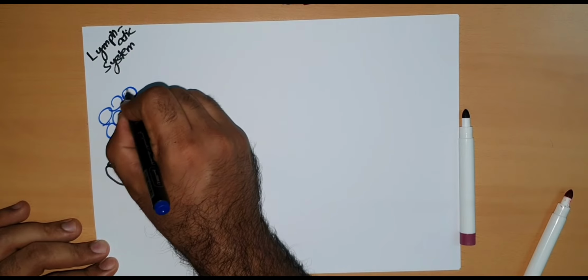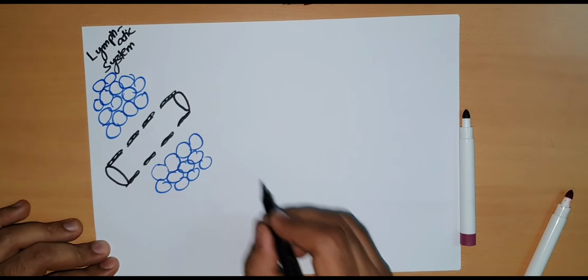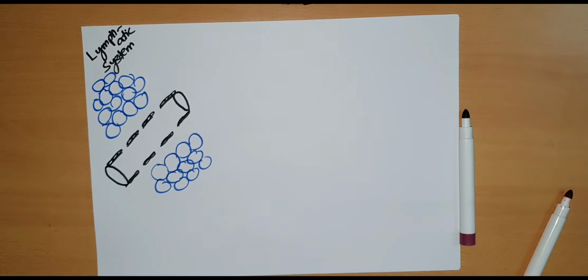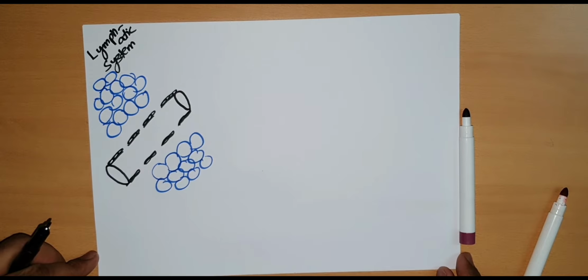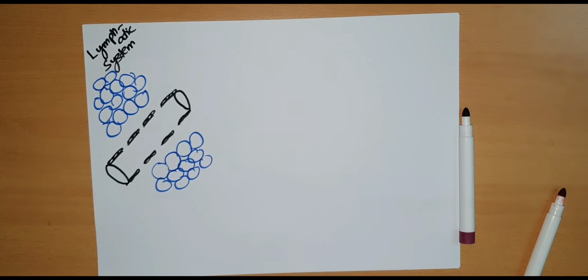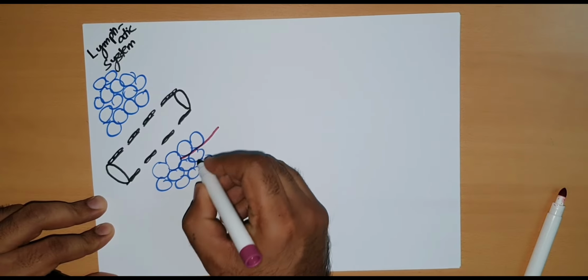Now you have a little bit of an idea of another type of capillary which is called lacteals. If you remember the digestive system, in the structure of a villus, we have already talked about these lacteals. I will draw them with this purple color.